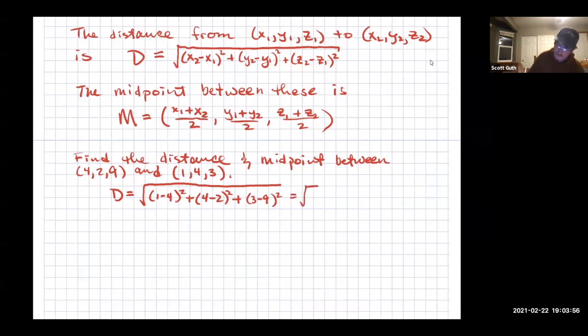So let's see, 1 minus 4 is negative 3, squared is 9, plus 4 minus 2, that's 2 squared is 4. 3 minus 9 is negative 6, squared is positive 36. And if you add 9 and 4, you get 13, plus 36, that's 49. So that's just 7. Okay.